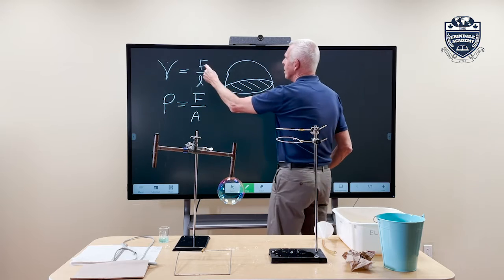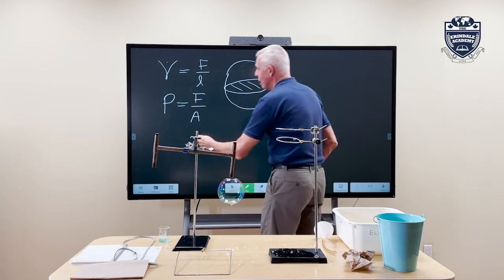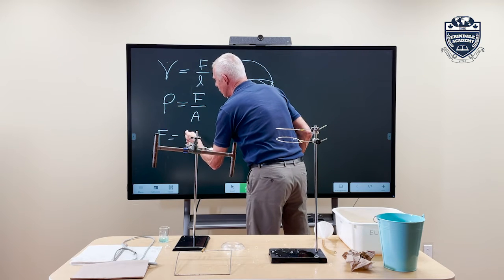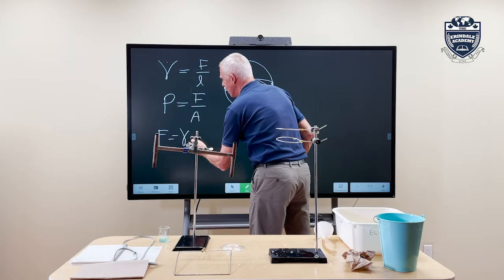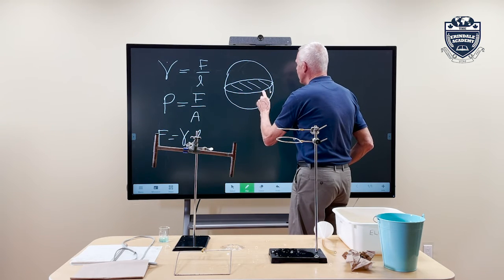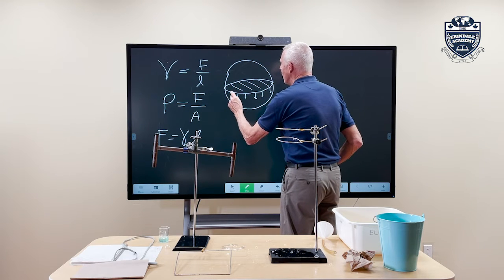Now remember, surface tension is force per unit length. So that means that the force acting is equal to the surface tension times the length. Well, what length do we have here? We have all of this soap film, all of this edge, all the way around here.